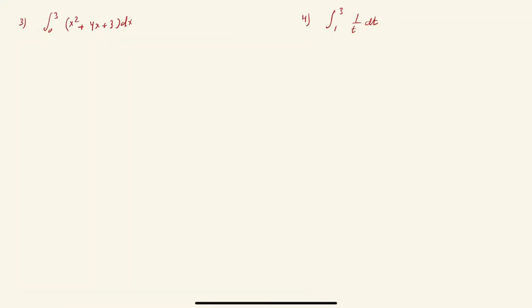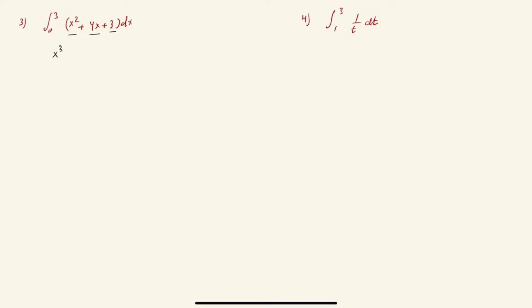Now for part 3, we have the definite integral from 0 to 3 of x squared plus 4x plus 3. Here I'm going to take the antiderivative of each of these terms, add them, and then evaluate using the FTC.